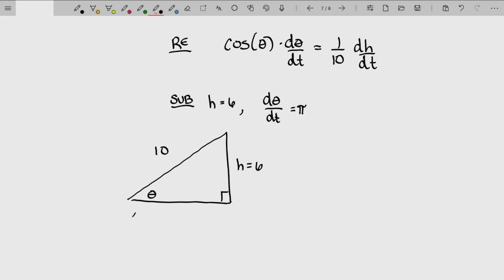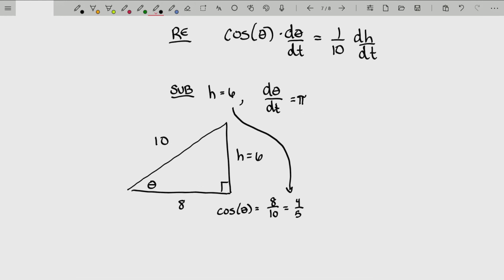So, using the Pythagorean theorem on this right triangle, 100 minus 36 is 64. So that's an 8. Oh, that's nice. Great. Well, the cosine of theta then, when h is 6, is going to be 8/10, or divided by 2, 4/5. So there we go. That's what we're going to sub in. This implies cosine of theta is 4/5.